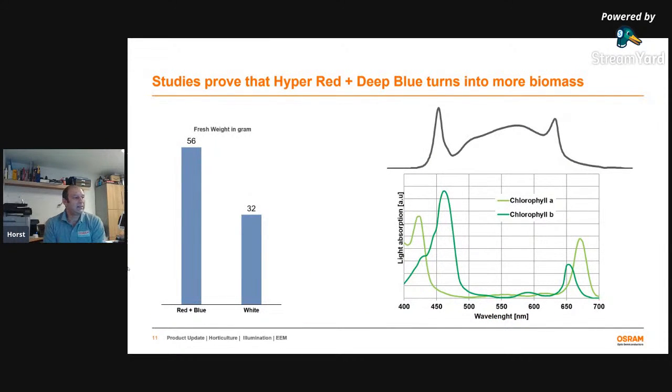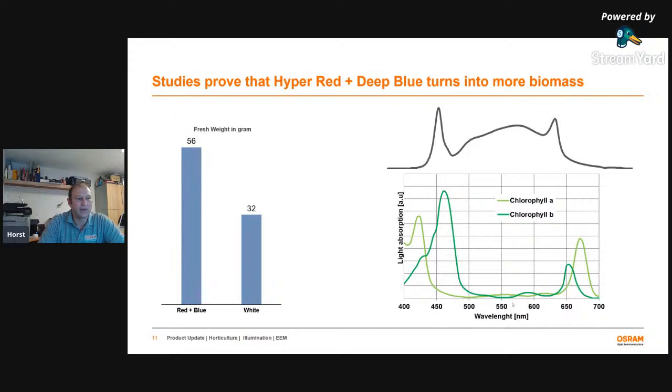Studies have proved that red plus blue is one of the most efficient spectral combinations to gain biomass or to grow fast. And this is quite clear. If we take a look at chlorophyll, which is responsible for the energy household of the plant, you can see that if you go with blue and red light, you have the main benefit.